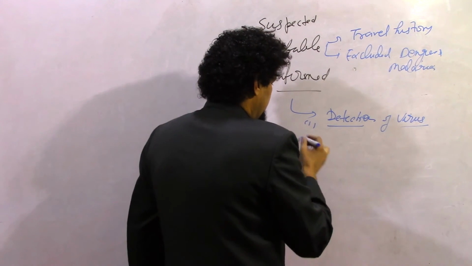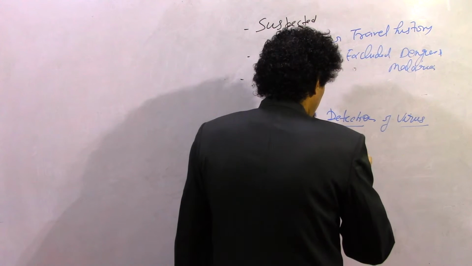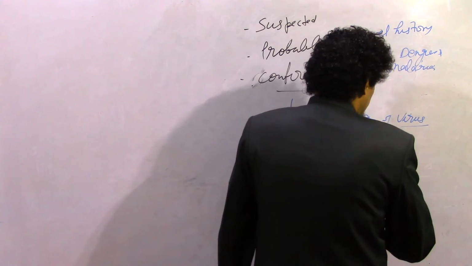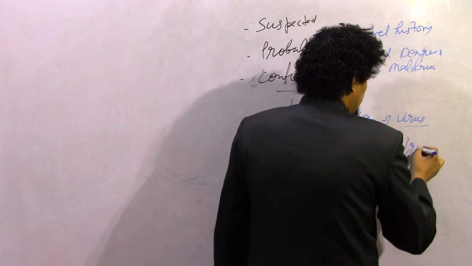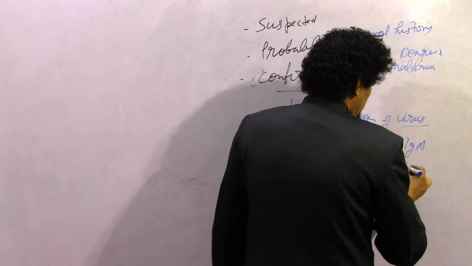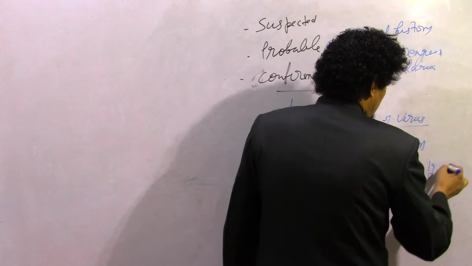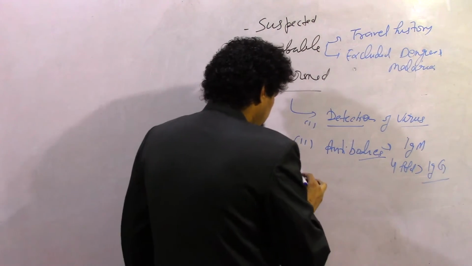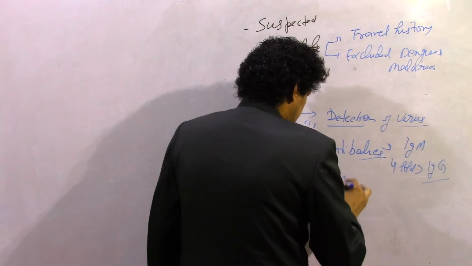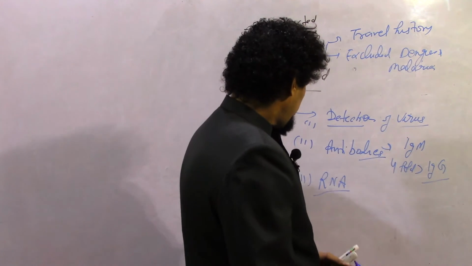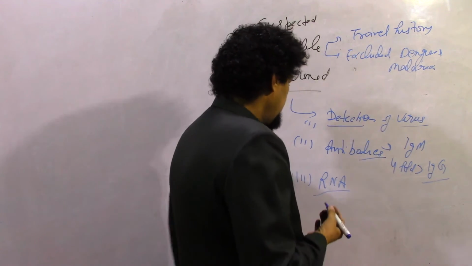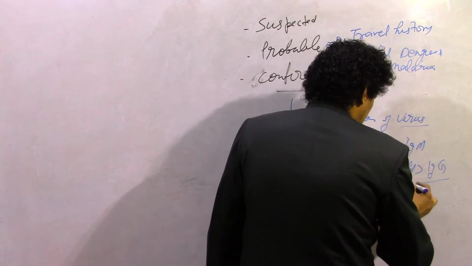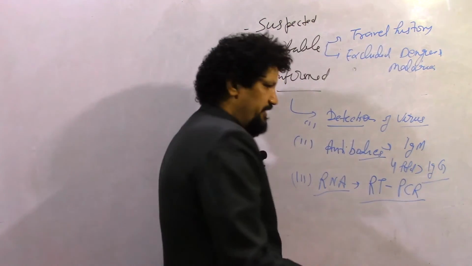The other criteria is the detection of the antibodies, serological antibodies, the virus specific IgM detection, and fourfold or more increase in the IgG antibodies, the detection of the RNA of the virus, the genetic detection of the virus using the reverse transcriptase PCR, polymerase chain reaction.